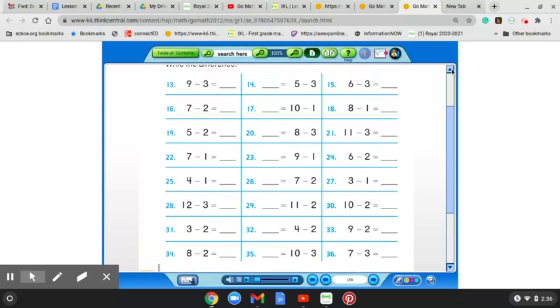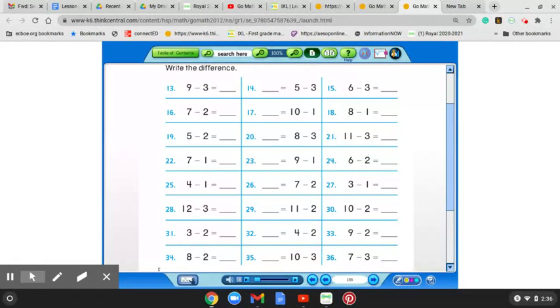Now, I know that you will bring your papers back to school, but I would love for you to make a picture of 1 through 12 and send that to me so that I can see if you are on the right track, and if there's any help that I might need to give you.